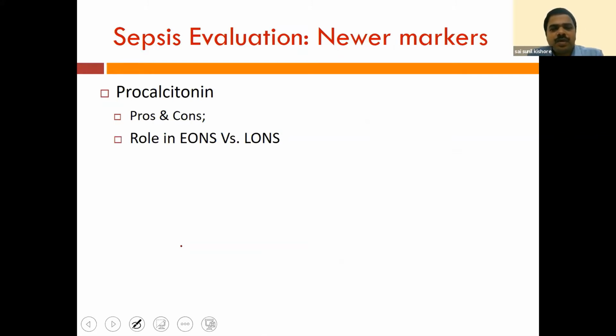Now comes the role of other newer markers. A couple of words about these newer things also, because now in most of the neonatal units, NICUs, and down the line even SNCUs may start these markers, procalcitonin. So we should know what the pros and cons are, and we should also know the role of procalcitonin in early onset sepsis versus late onset sepsis.